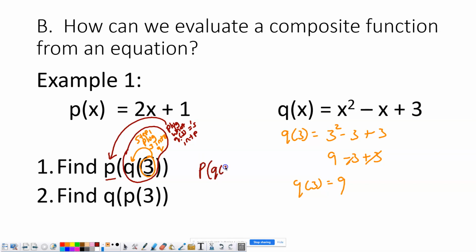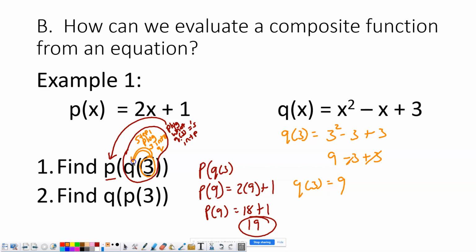So p of q of 3 is the same thing as p of 9, which is 2 times 9 plus 1. And so the answer is 19. Okay? So step 1, plug 3 into q. Step 2, take your answer and plug that into p. And you're all done. All right, let's do another one here.